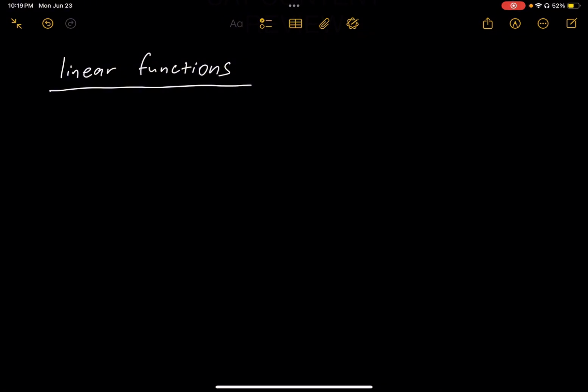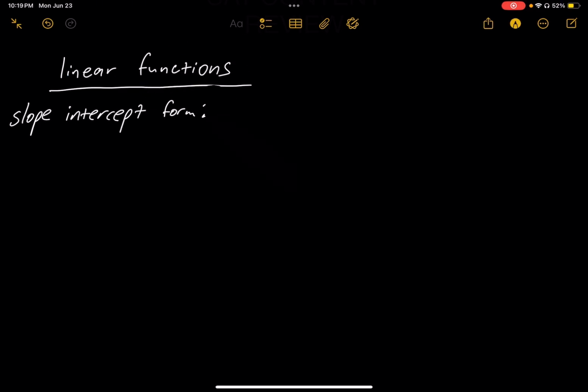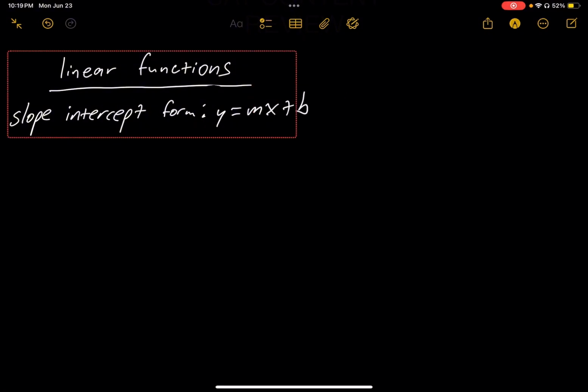And the first is going to be our slope-intercept form. This function is represented by y is equal to mx plus b, where y is our y value, x is our x value, m is the slope, and b is the y-intercept.